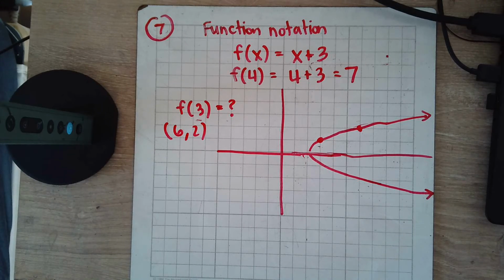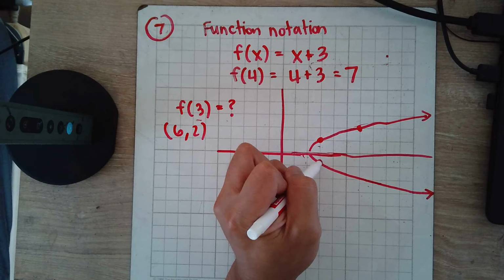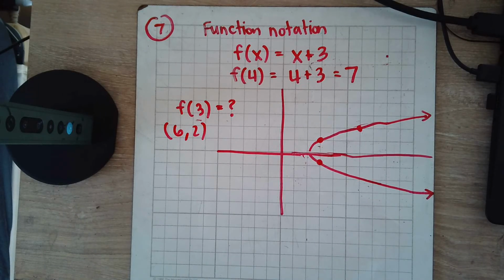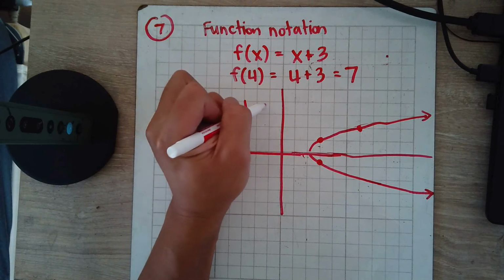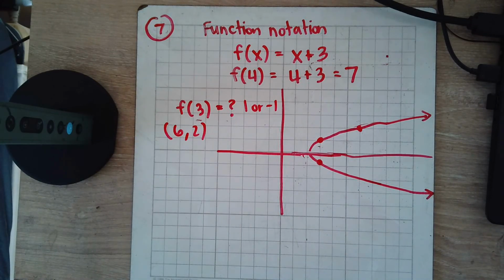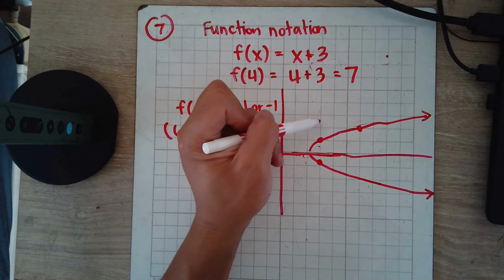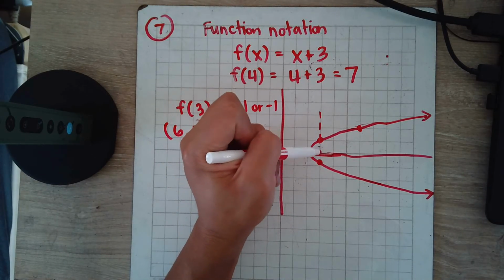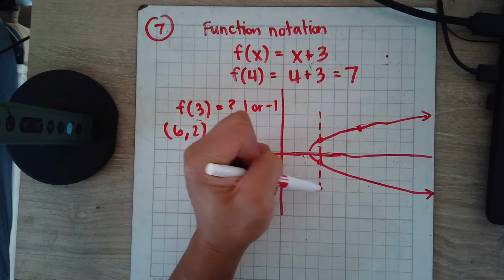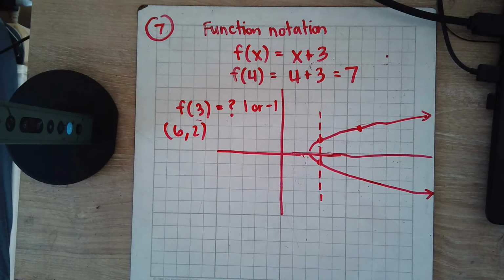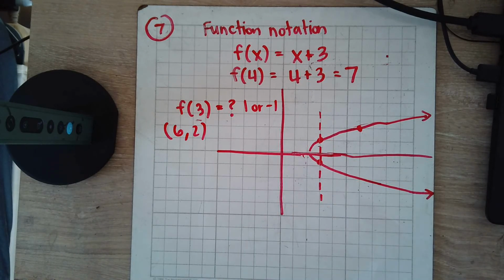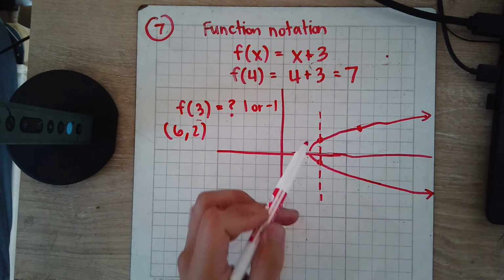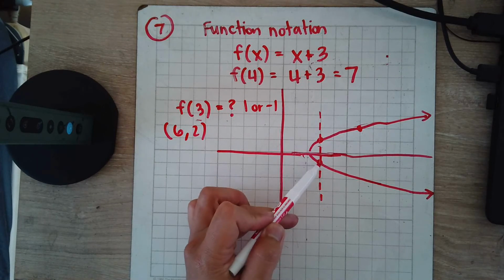And if you notice, also -1 is my output. So yeah, it could be either 1 or -1. Either one of those answers would work. So if you guys see this line right here, it represents wherever on my graph my input is 3. But of course, we only care about these 2 points because that's what our graph tells us to.